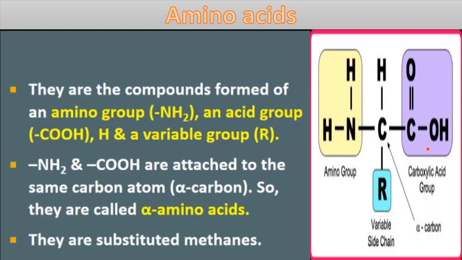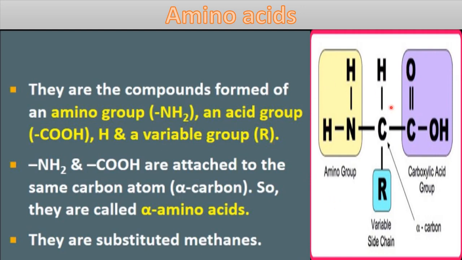Then, second, the COOH group, that is the carboxylic acid group, is attached with it. You can see the carboxyl group is present here, and this H is present here, which is also attached with the alpha carbon, and this is R, which is called the variable side chain or variable group.